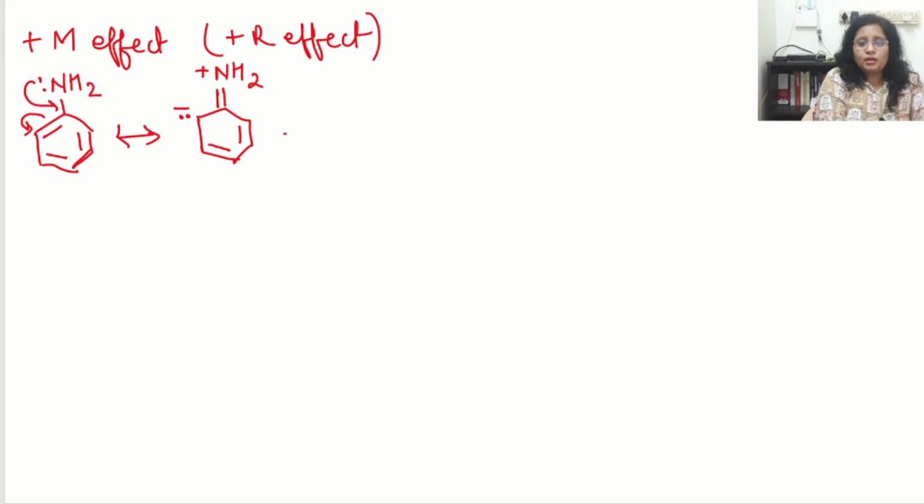Now, in the next structure, what is going on? This in turn jumps to here and this in turn jumps to here. So we will get our next structure in which NH2 having plus charge, and it is having one bond here, and minus charge will be here.